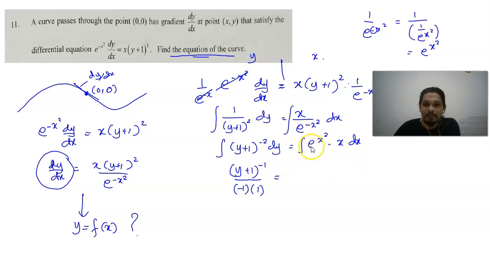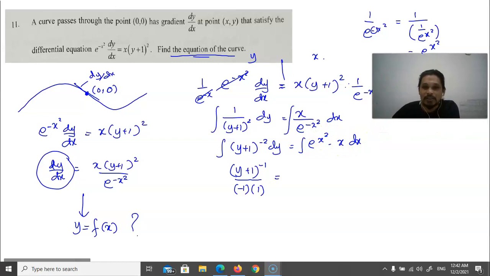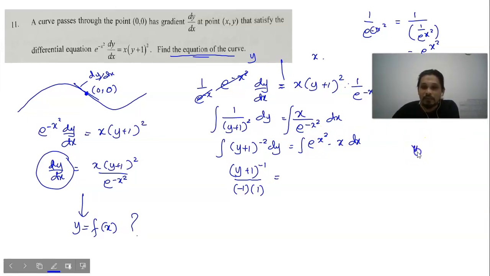On the right side here, the integral of e to the power of x squared times x dx. So let's say I come up with a substitution of u equals x squared, so then du equals 2x dx.